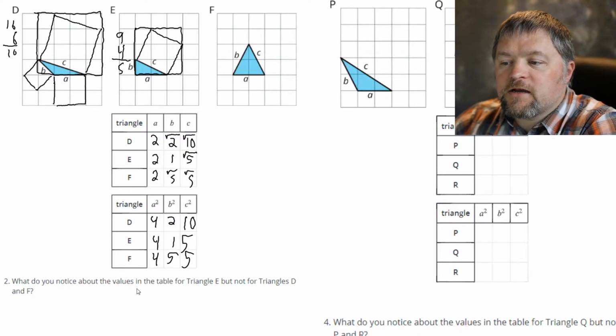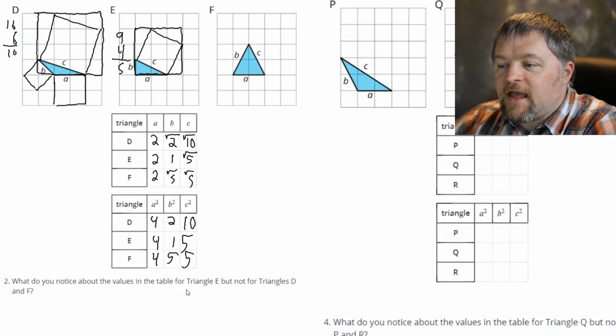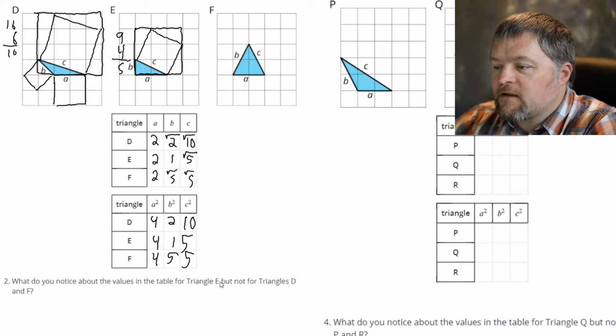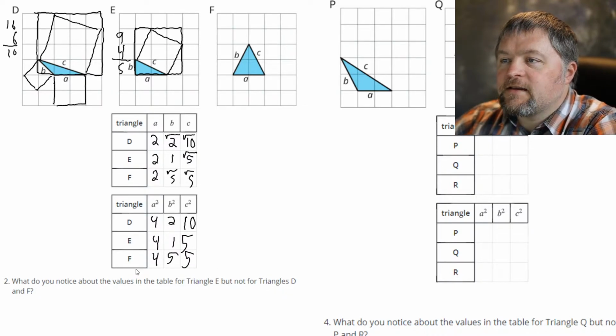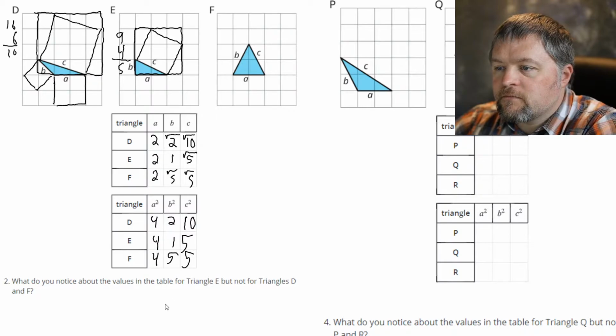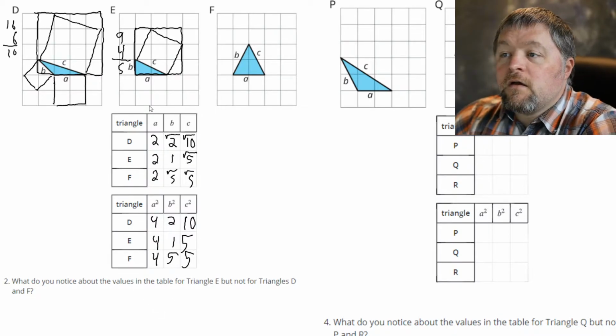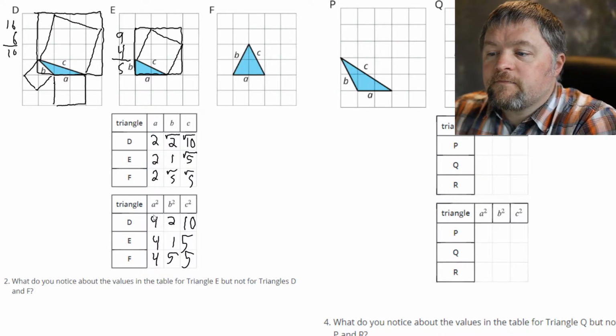What do you notice about the values in the table for triangle E, but not for triangle D and F? Okay.